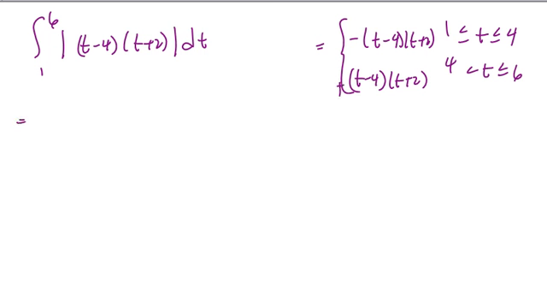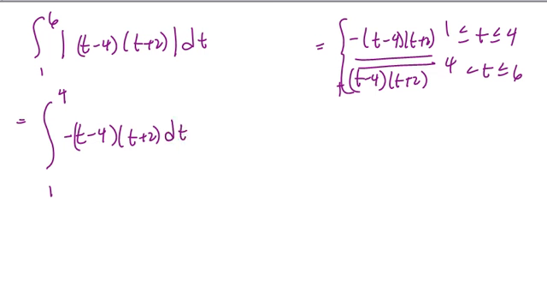So we're going to now rewrite it into two pieces. So between 1 and 4 I have got this expression that I'm going to integrate, and between 4 and 6 I've got the positive.